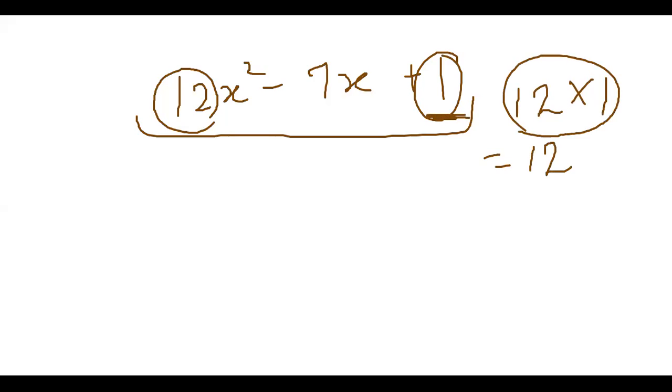Now multiply करने पर 12 होना चाहिए और प्लस माइनस करने पर -7, or you can say minus 7x, right?